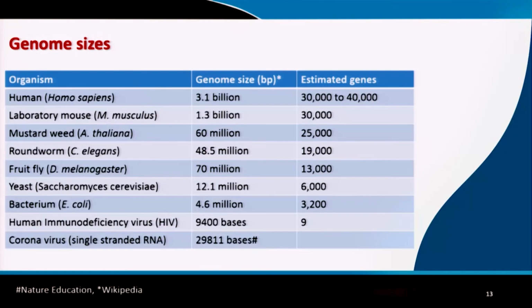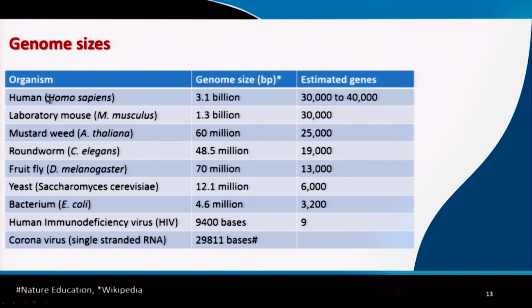Now that we have seen the genome sizes of archaeobacteria as well as bacteria, let's get some idea in terms of other organisms. In this table, there are genome sizes for organisms starting all the way from the coronavirus to human beings.